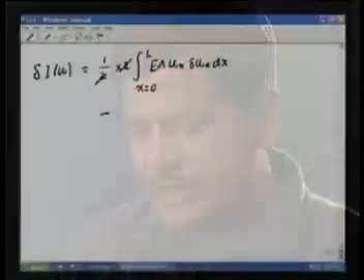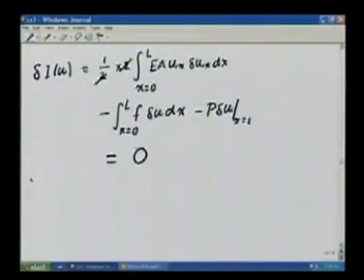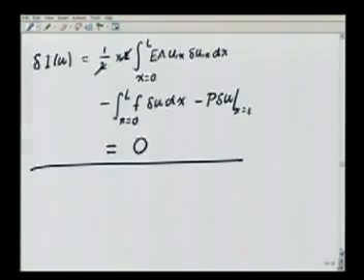So the 2 and the half will cancel, minus integral x is equal to 0 to L f delta u dx minus p delta u at x equal to L, and this has to be equal to 0. And you see that we have obtained our principle of virtual work by this approach too. So the variation of the functional has given us our principle of virtual work.